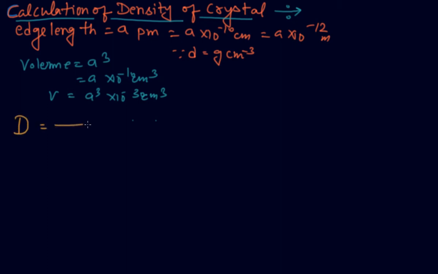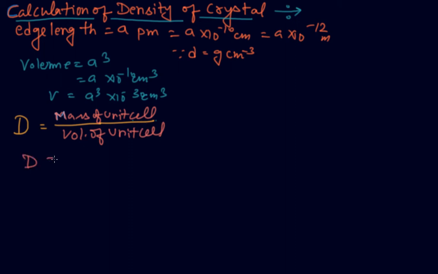Density is equal to mass of unit cell divided by volume of unit cell.